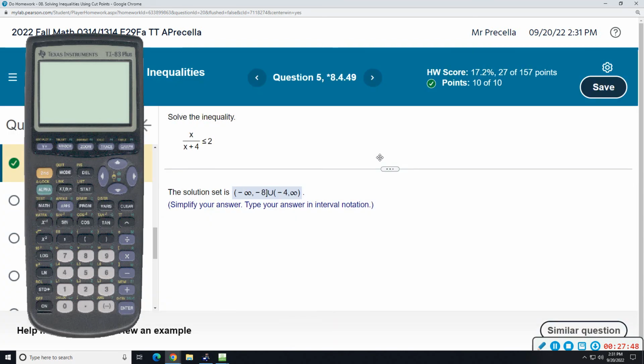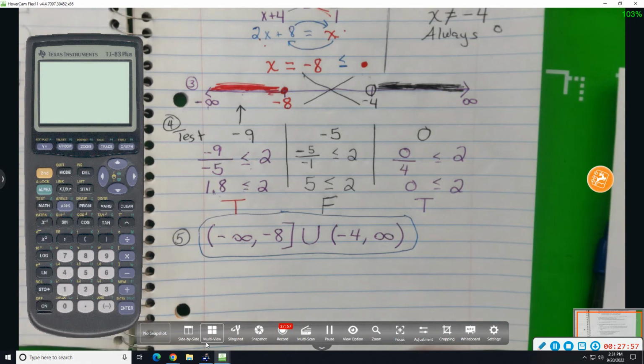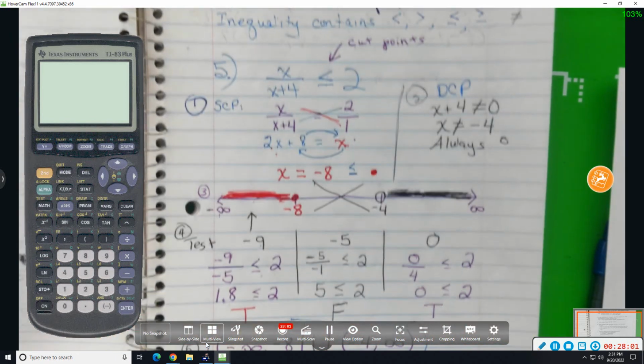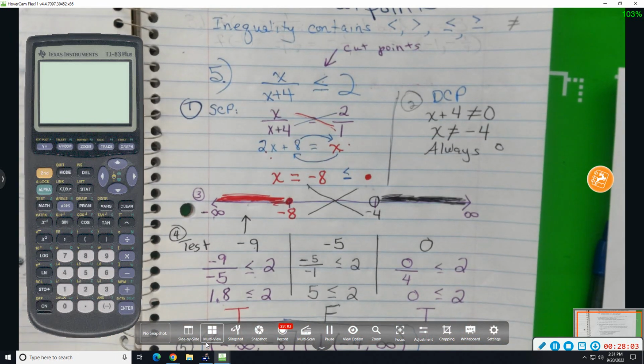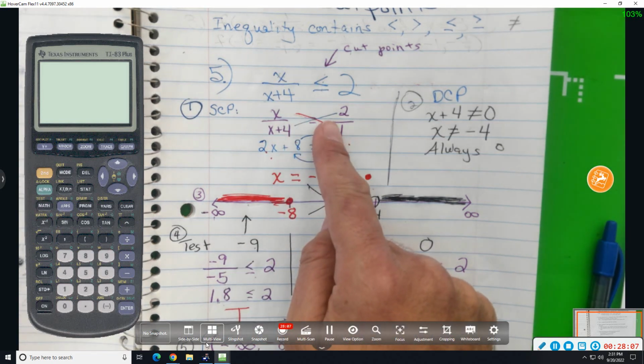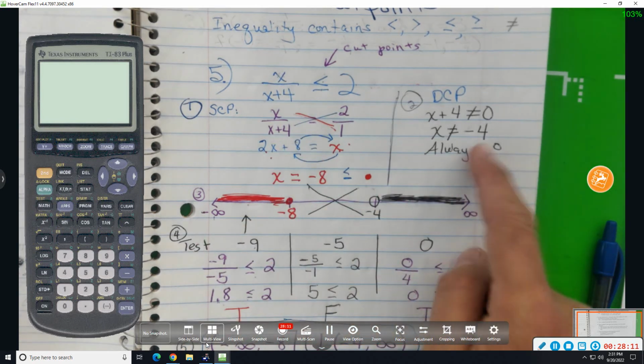I hate to say this, but are there any questions? What is this cut point method doing? Well, if you want to figure out when a number is less than 2, the first thing you do is find out where it equals 2. Then it's possible the fraction is undefined, and here it is undefined at negative 4.